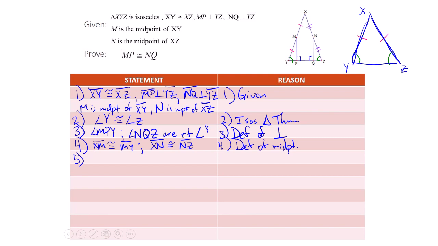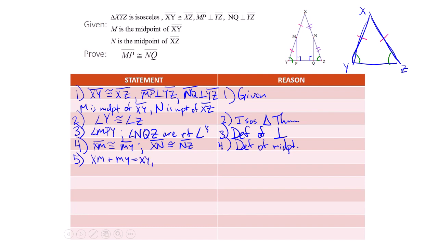So we're going to say, hey, well, by the segment addition postulate, we can say that XM plus MY equals XY, right?